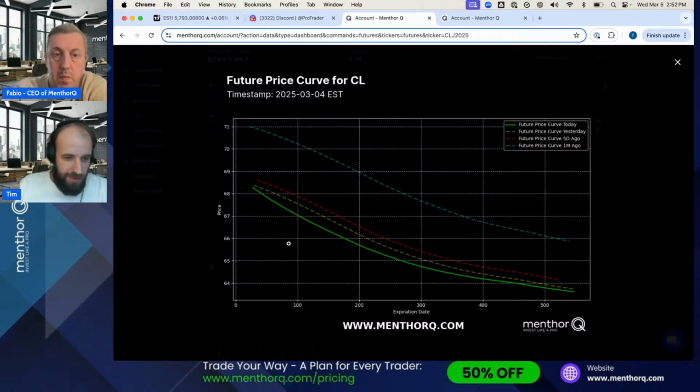Because the curve is tilted downwards and you would lose money, okay? We don't want to lose money. So we trade the front contract to offset this loss. That's the process behind it.